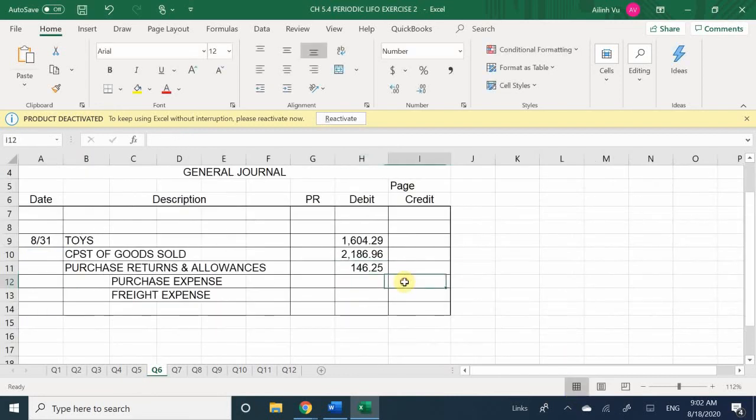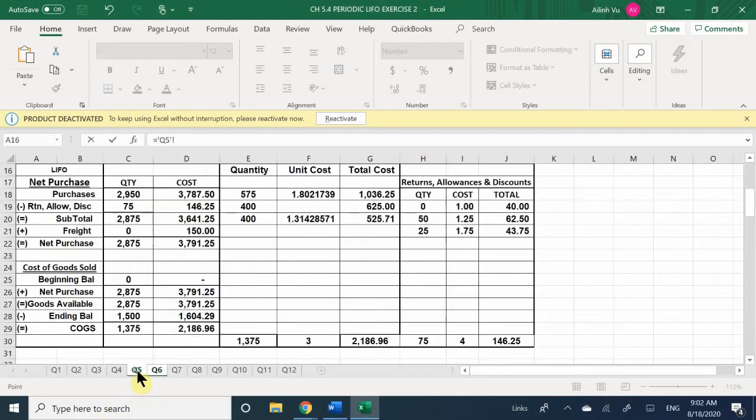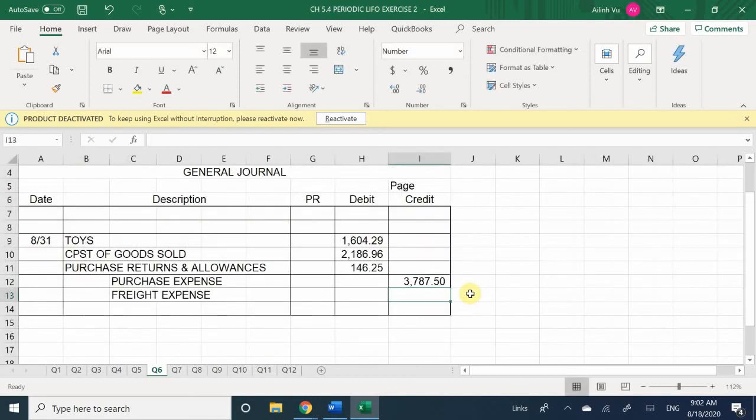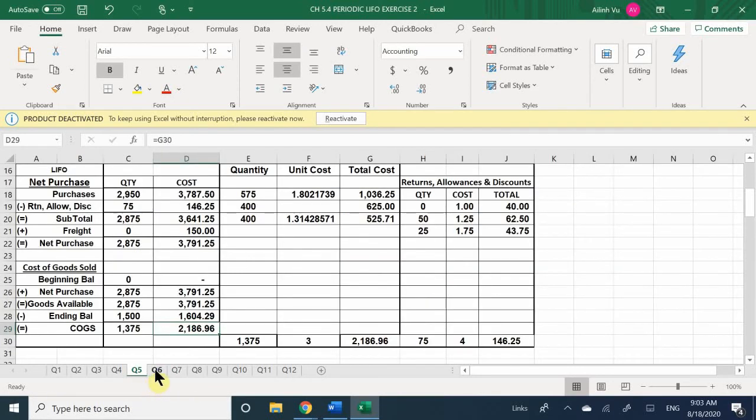And then what is my total purchases here? 378,750. And what is my total freight expense here? 150. Yes, it should be 150.